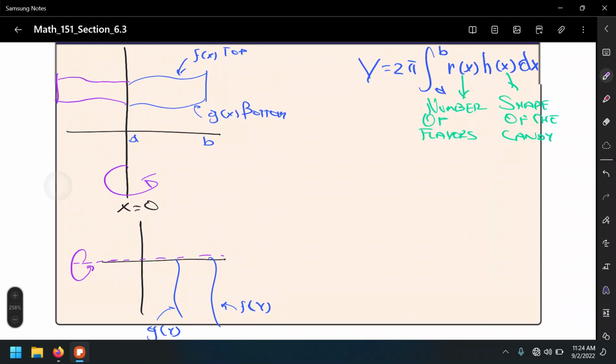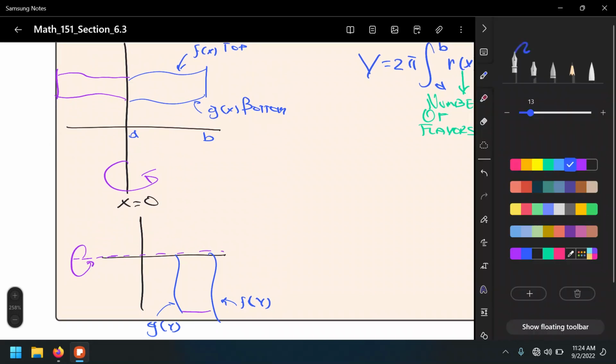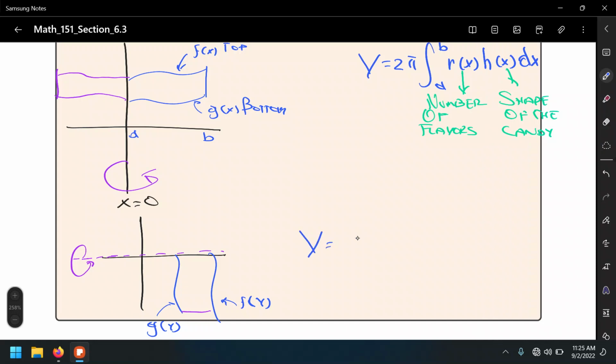Now, one main difference here. The volume in terms of y is 2 pi integral from c to d of r of y times h of y with respect to y.